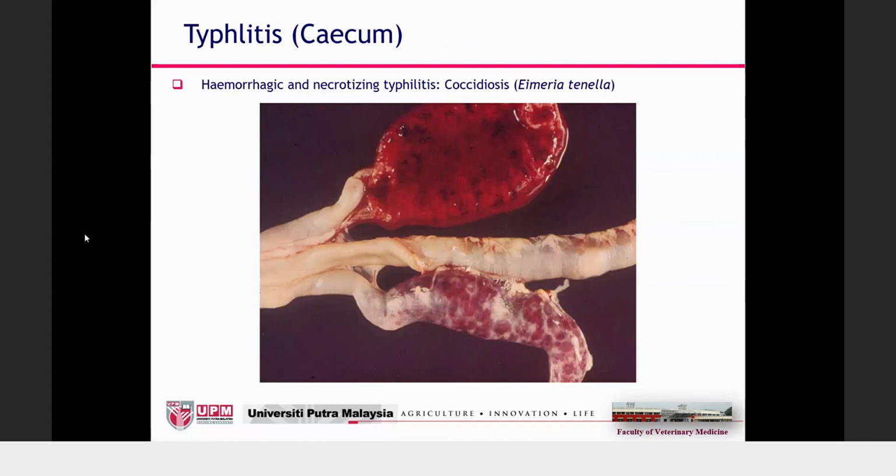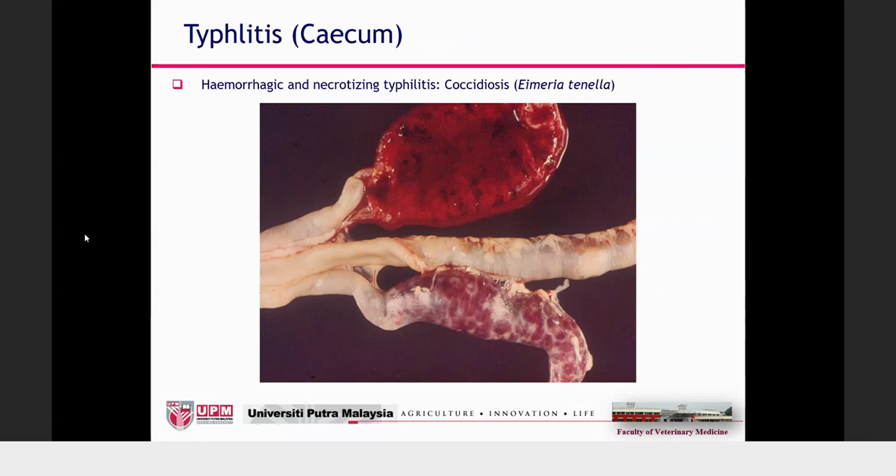Then we have hemorrhagic and necrotizing typhlitis. You can see how severe it is in the cecum as a result of Eimeria tenella infestation. Very severe hemorrhage. Because in cases of Eimeria, in the case of Eimeria acervulina, the coccidia is only infiltrating the enterocytes.